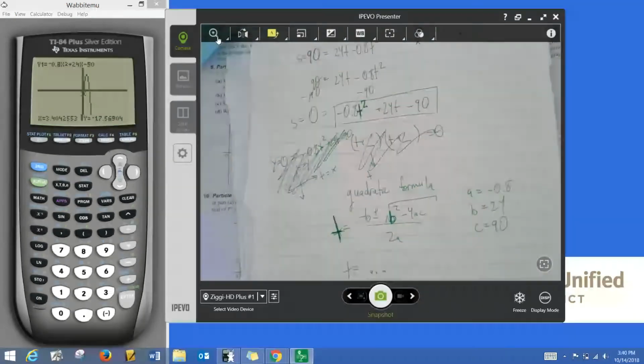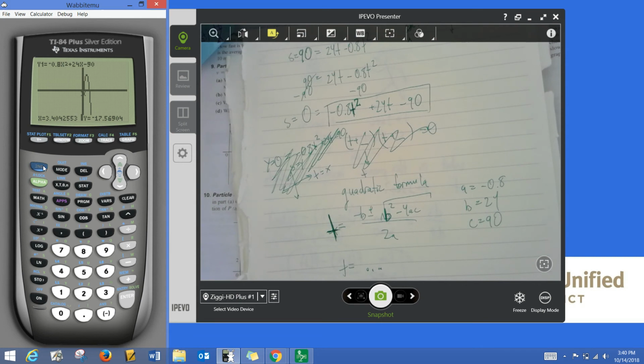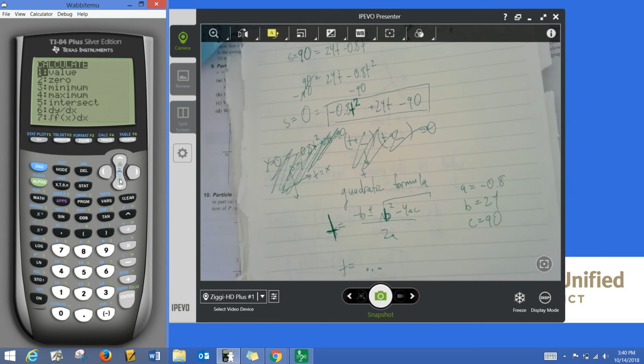Let's go back on here. We would do second calc, or trace right here, but in blue it says calc. You go up to 0, the actual word zero.